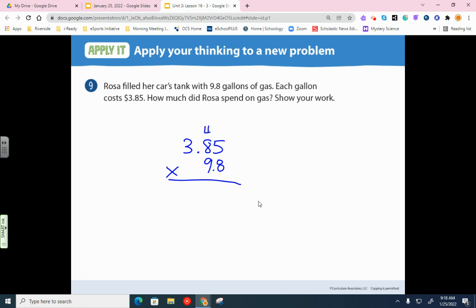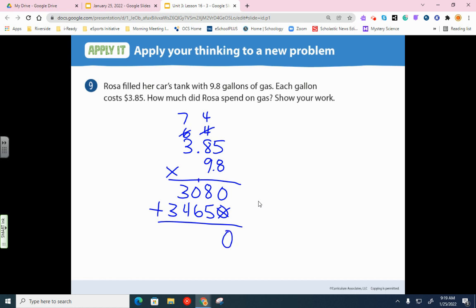8 times 5 is 40. 8 times 8 is 64, plus 4 is 68, excuse me. 8 times 3 is 24, plus 6 is 30. Placeholder there, 9 times 5 is 45. 9 times 8 is 72, and I'm doing 76, all right? 9 times 3 is 27, and plus 7 is 34.